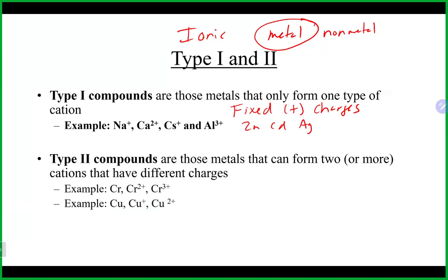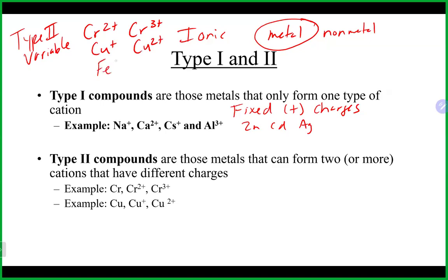Now, a type 2 compound is one where the metal has a variable charge. As you can see on the bottom there, chromium in certain cases can be +2, or in other cases it could be +3. Copper could be +1 in certain cases, could be +2. Iron, for example, could be +2 or +3.